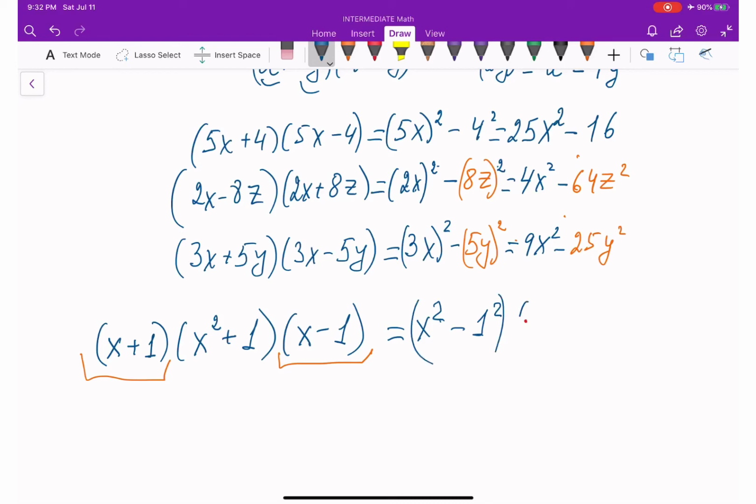In parentheses, and then multiplying here x squared plus 1. So x squared minus 1 squared is going to be x squared minus 1, right?